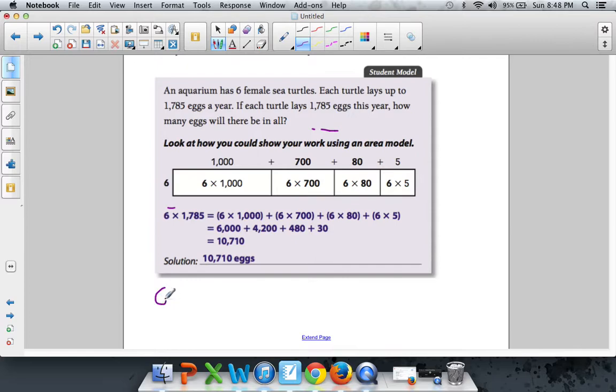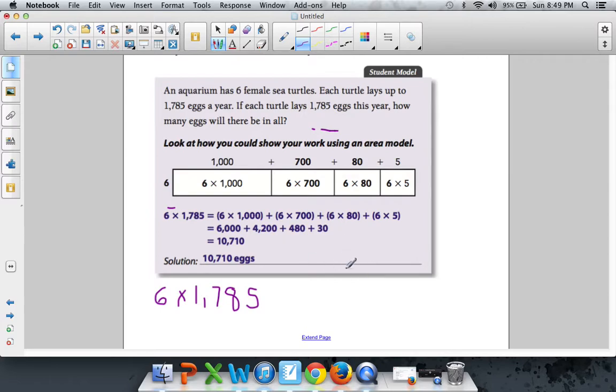Whenever they give you one little number times one big number, I actually don't like to use the area model like they did. I like to do it with partial products, and I'll remind you of what that is in a second. That's like when you split it up, kind of.